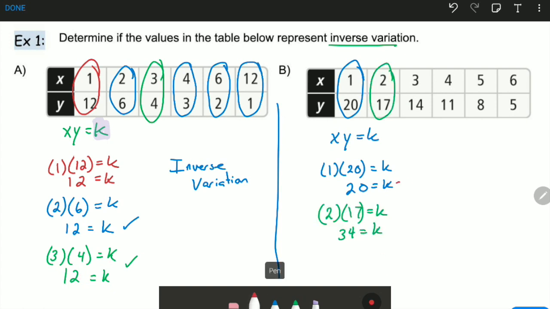Notice this time the values for k are not the same. And because k is not constant, like the constant of variation suggests, this is not actually variation. Specifically, not inverse variation. And there we go.